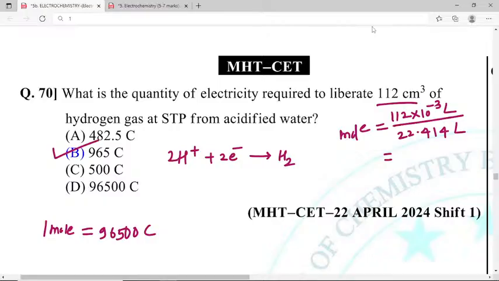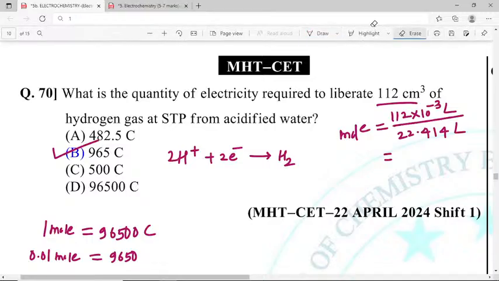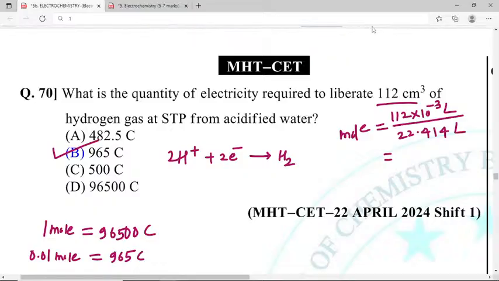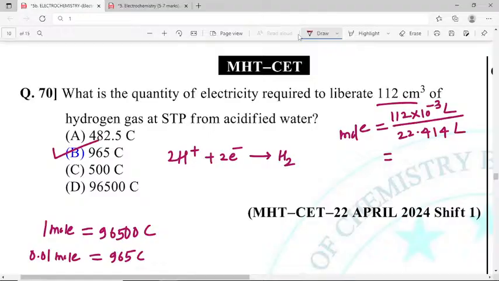So actually this is 0.01 mole, which is equal to only 965 coulombs. Okay, get it?